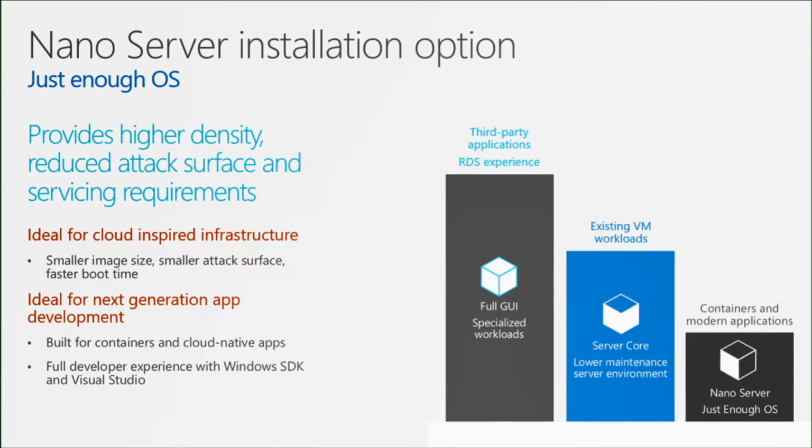Your intelligence layer, maybe that's in a VM, maybe that's its own service. Database as a service. So part of the reason why Nano Server came out, as you'll see shortly, is to help support these lightweight, small, efficient, cloud-based applications. So keep this in mind, somewhat of this difference between a traditional workload inside a VM and a cloud-inspired workload.